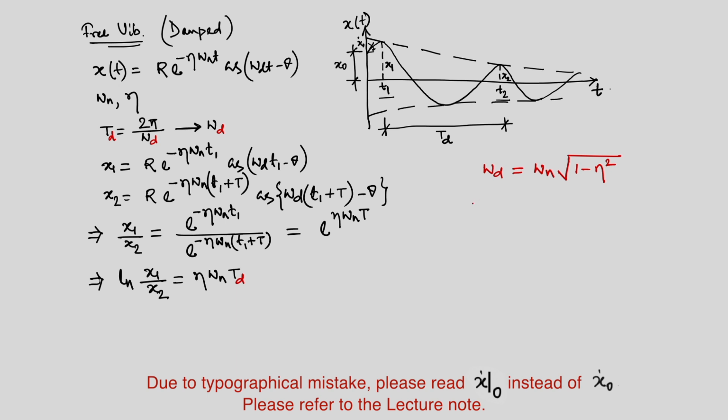Now, if we find out what is omega n times T d, in place of T d we can write 2 pi divided by omega d, and in place of omega d we can use the relation omega n times square root of 1 minus eta square.